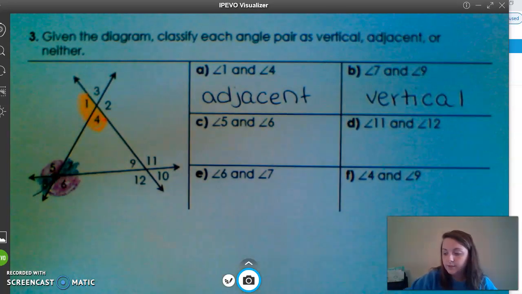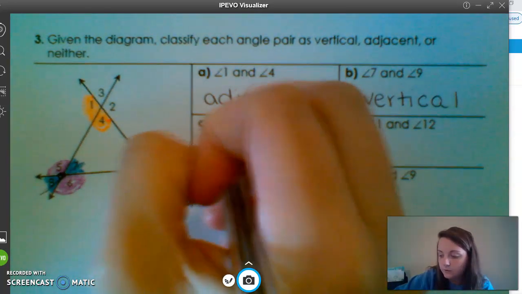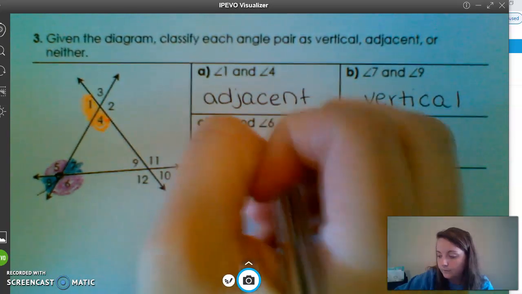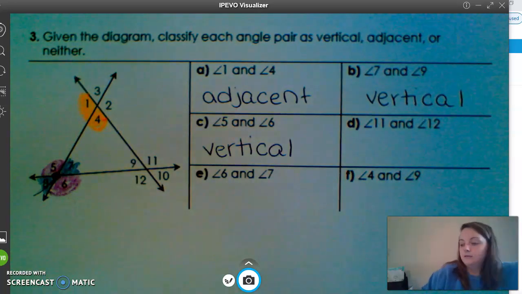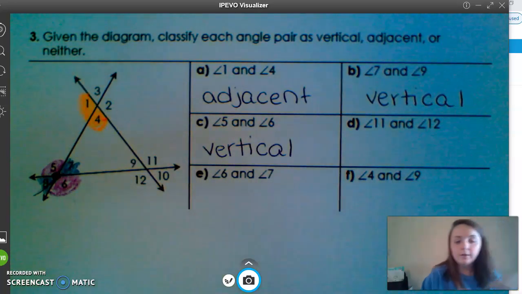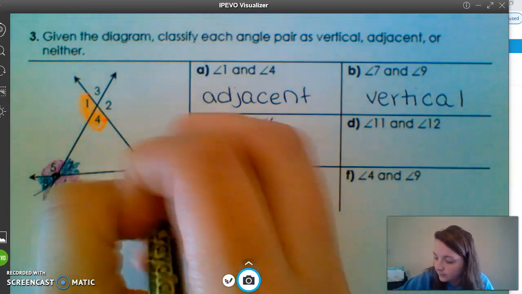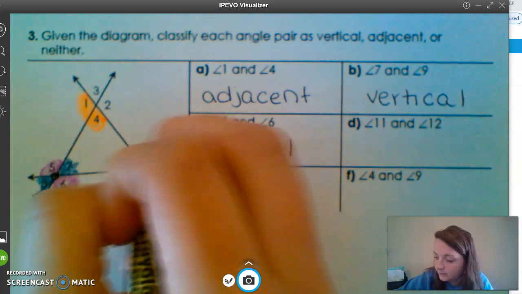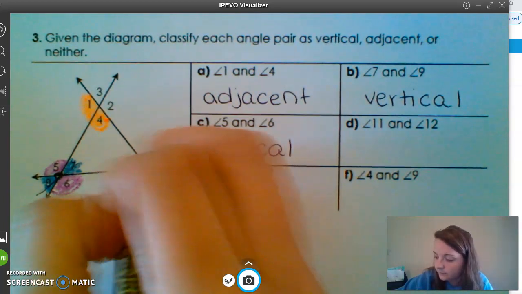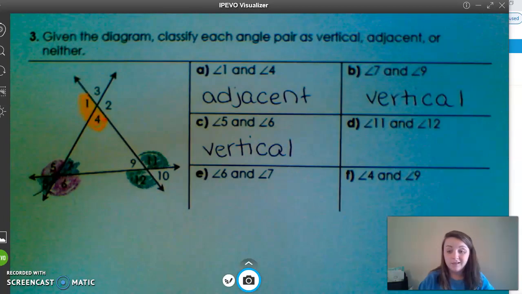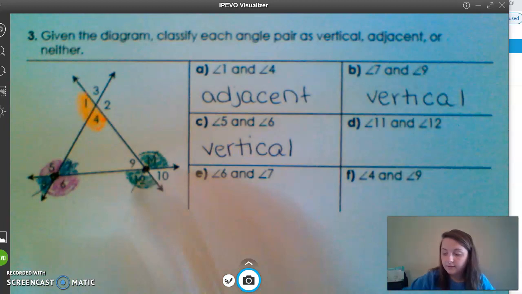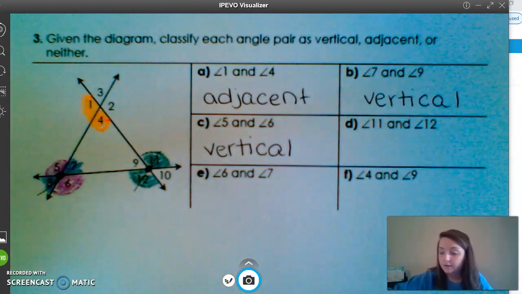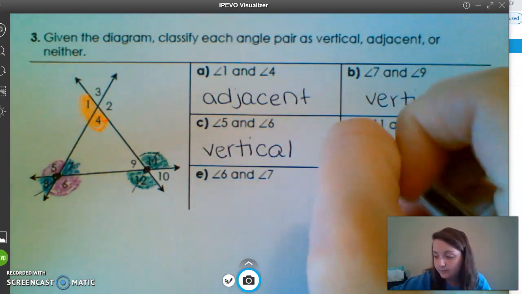They're directly across from each other, so those are called vertical angles. If we are looking at angle 11 and 12, they're not beside each other, so they're not adjacent. If we look across the vertex, then they're directly across, so they are vertical angles as well.